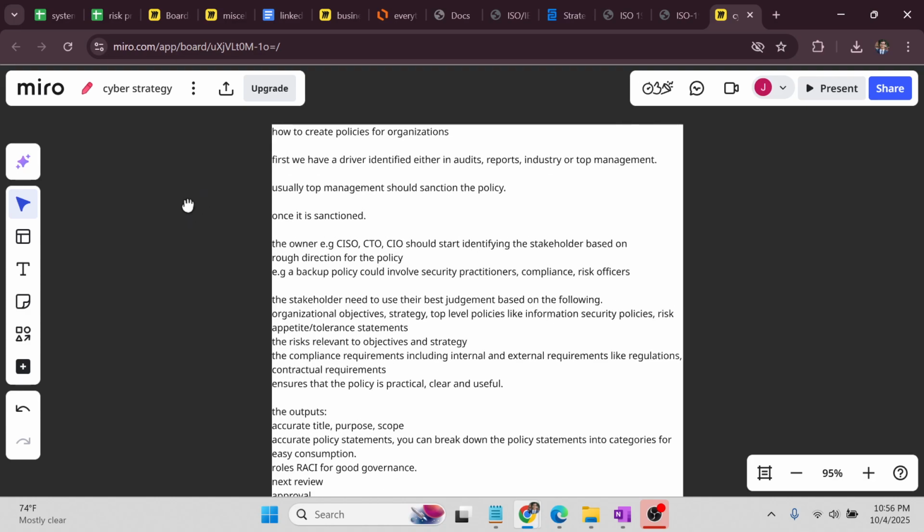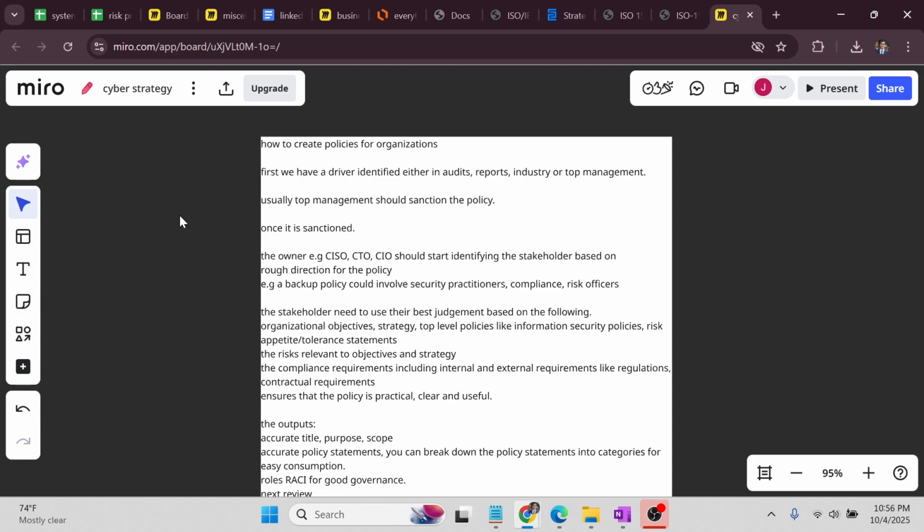The first thing we need to identify is that there is usually a driver, and when I say a driver, I mean a specific factor that pushes for the policy. It may be that there is a report to the CEO or to the board, and that report says that we need a policy, or maybe there is something in the industry going on, or maybe the top management just wants a policy.